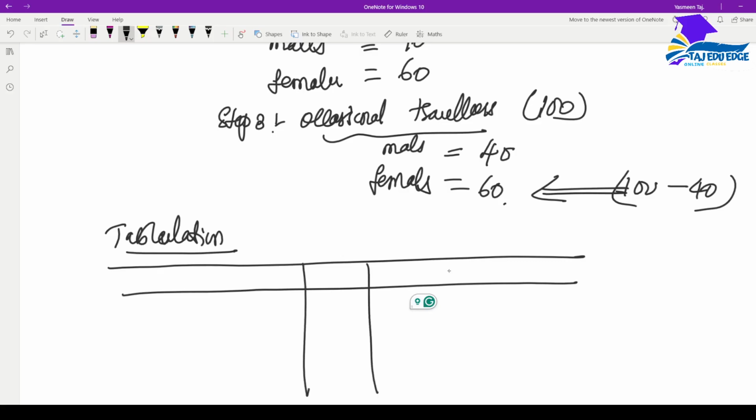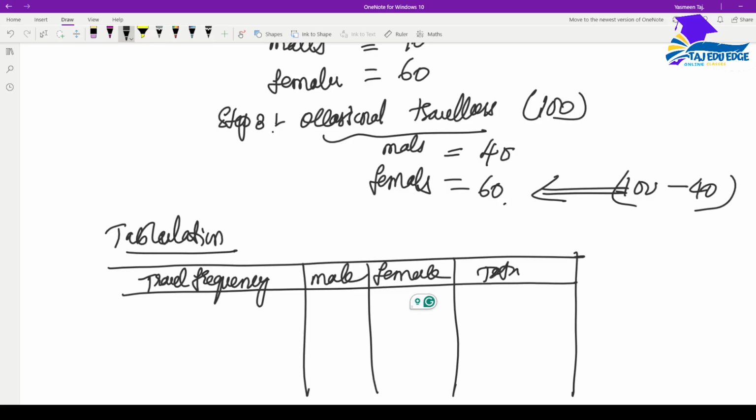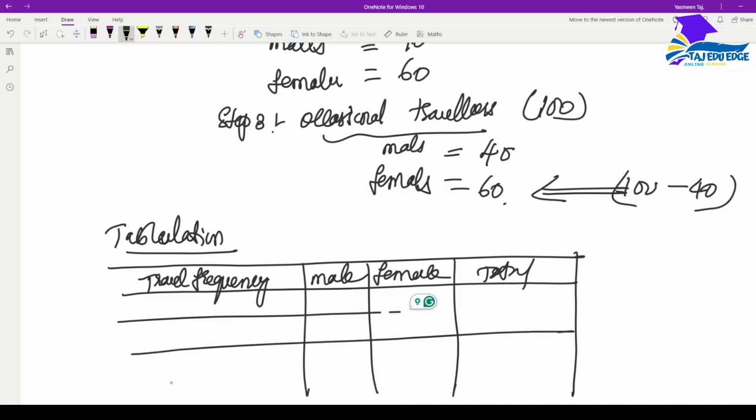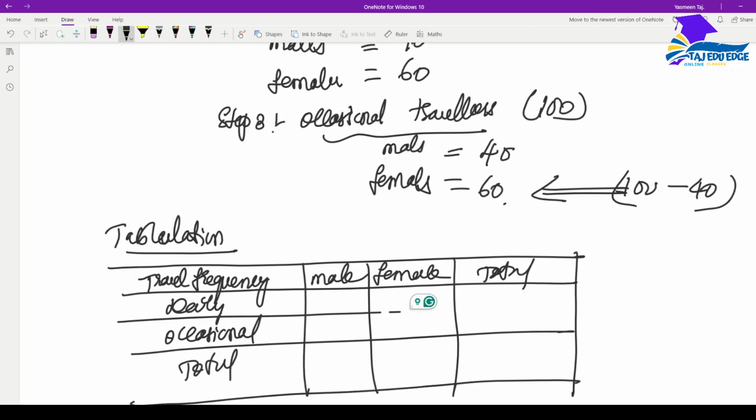We'll put 3 columns: travel frequency, male, female, total. Next, rows: daily, occasional, total. Same as previous questions.